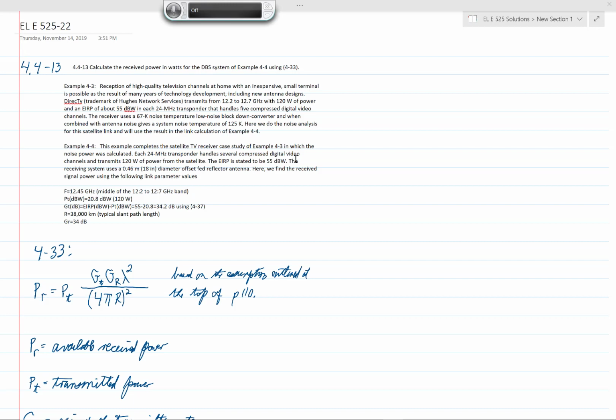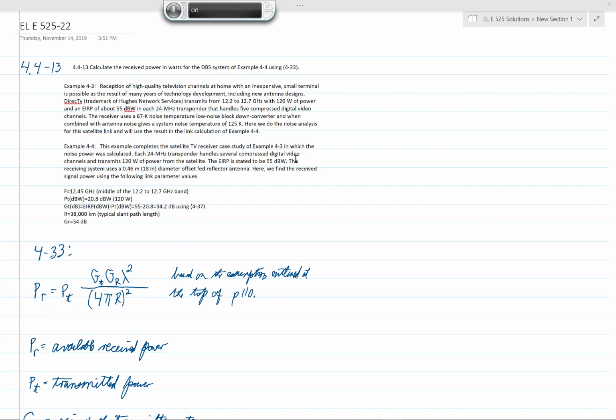You can look in your book if you're interested in the details of example 4-3. But the results from example 4-3 are used in 4-4, and that's what problem 4.4-13 is referring to. So let's look at example 4-4.